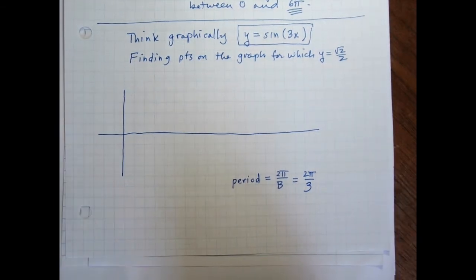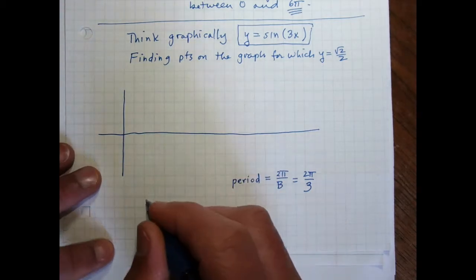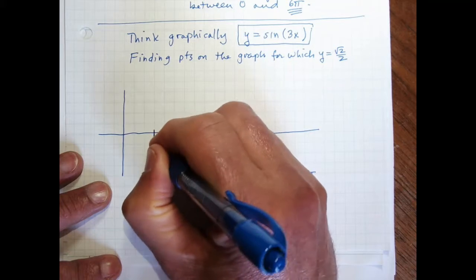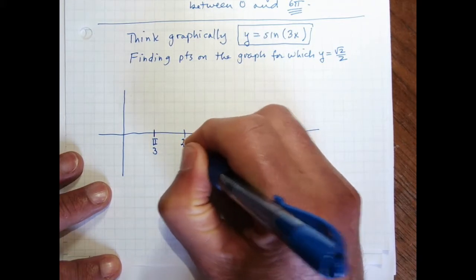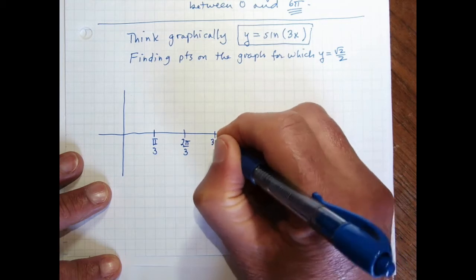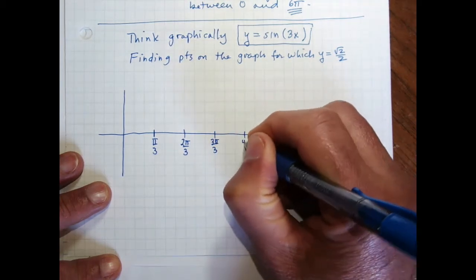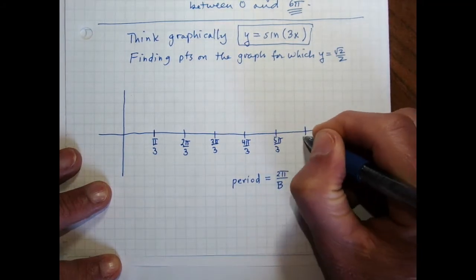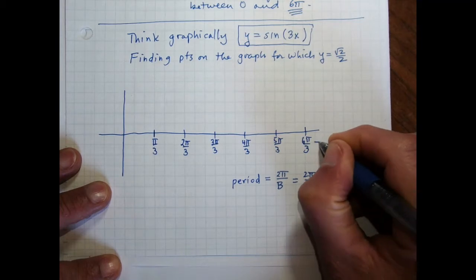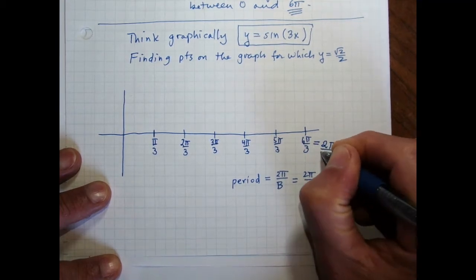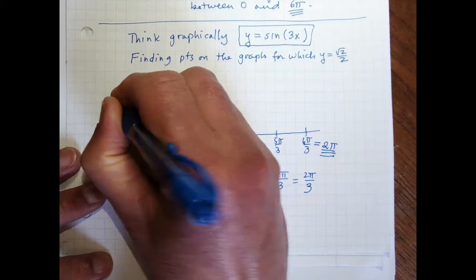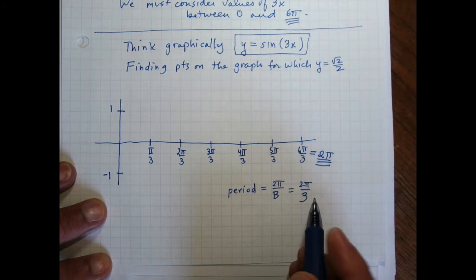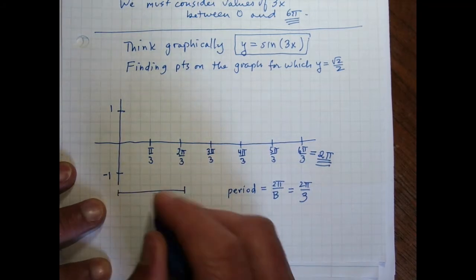So I'm going to write pi over 3, 2 pi over 3, 3 pi over 3, 4 pi over 3, 5 pi over 3, 6 pi over 3. Now 6 pi over 3 is just 2 pi, right? Label this 1 and -1. Now the period is 2 pi over 3. So this is one period from here to here.